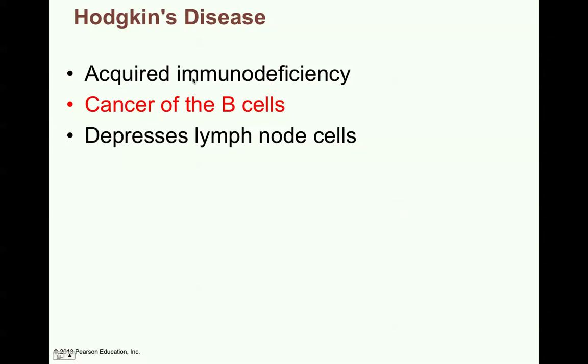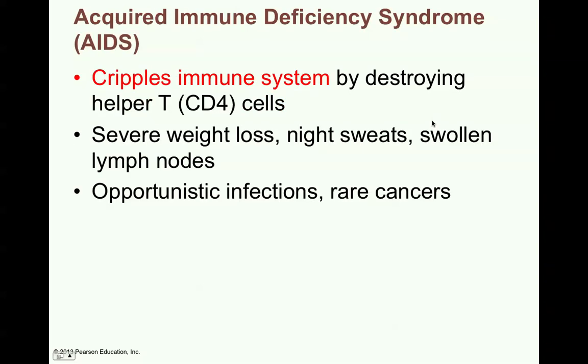Hodgkin's disease is actually a cancer of the B cells. It is considered an acquired immunodeficiency because a person is not born with it. What this disease does is depress the lymph node cells. There's also acquired immune deficiency syndrome, abbreviated AIDS.